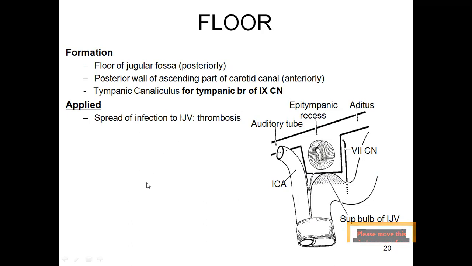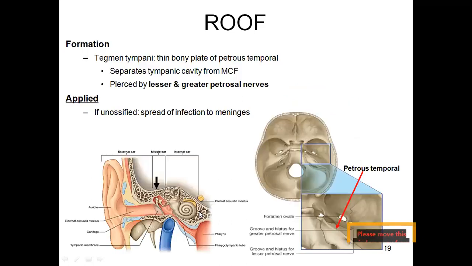Applied anatomy here: if the floor is not ossified, the infection can spread to the internal jugular vein, so the blood inside the vein may clot. That is called thrombosis, the formation of a blood clot.